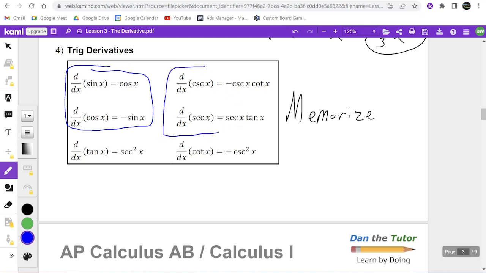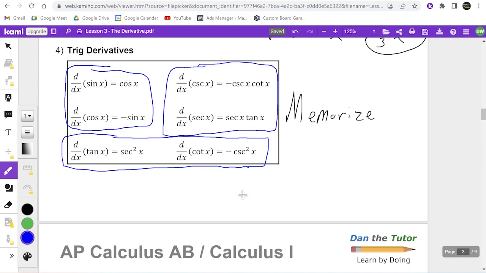Then you have the derivative of secant x being secant x tangent x. I'm going to group these together because they're kind of similar in their shape. Obviously, they switch secant with cosecant and tangent with cotangent, but they're kind of similar. And then the last one, cotangent x becomes negative cosecant squared x. Again, these are kind of similar in shape, so I'm going to group these together.